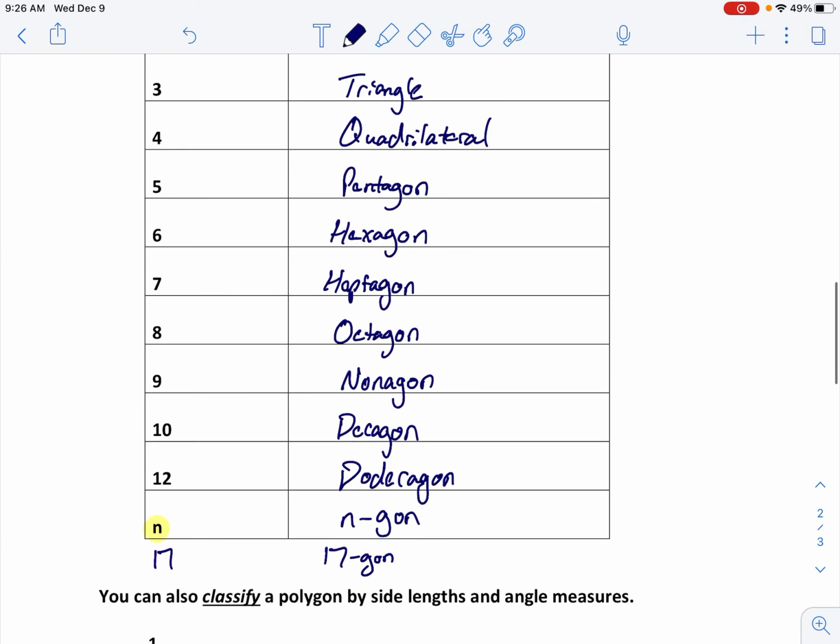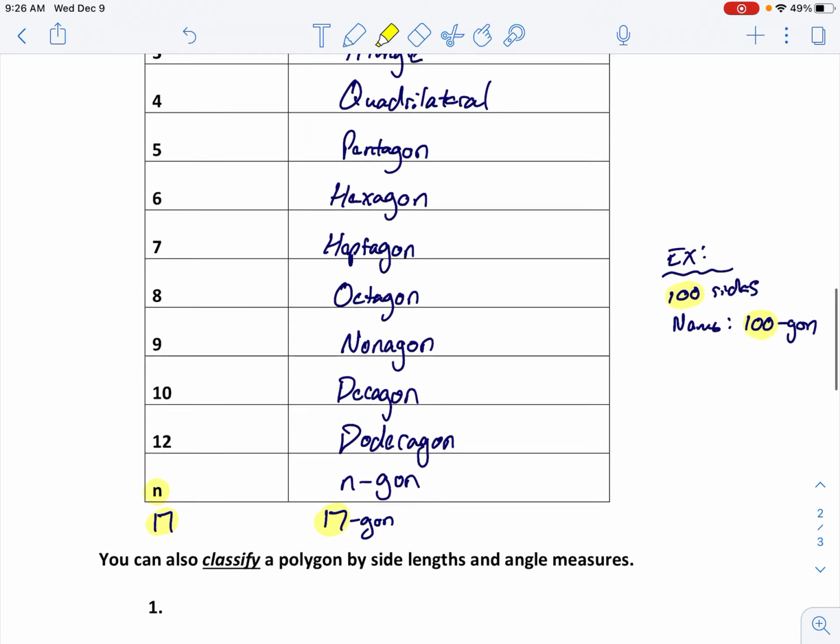Another example would be, let's say there's 100 sides. The name for that would be 100gon. We can just name the number of sides and then put -gon. And I'll highlight that too. The number of sides would get us the name 100gon.